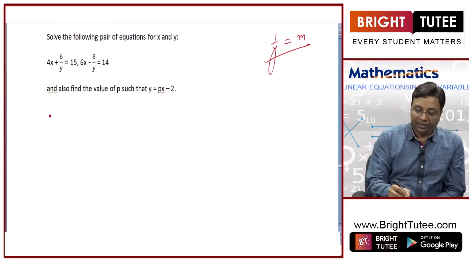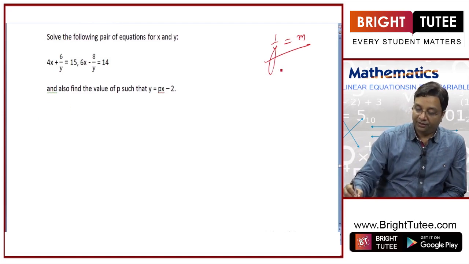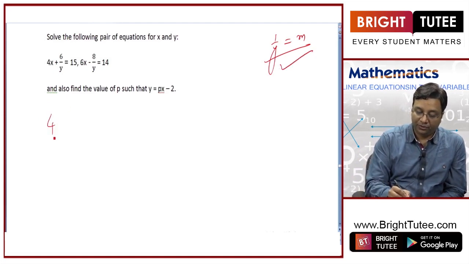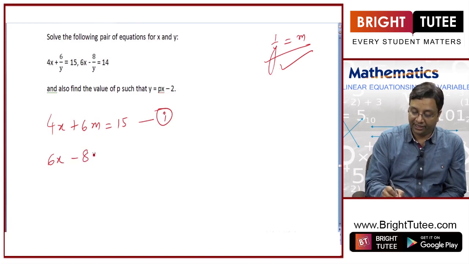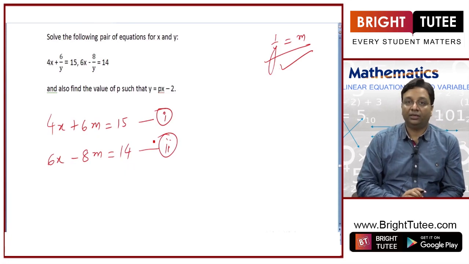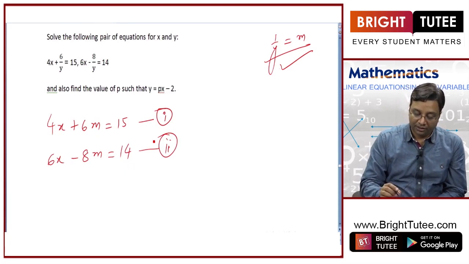Okay. So first equation will become, if I make this replacement, 4x plus 6m will become 15. Let me say this is our equation number 1, and 6x minus 8m is 14, and this is our equation number 2.